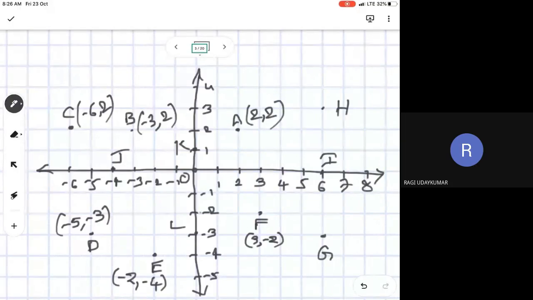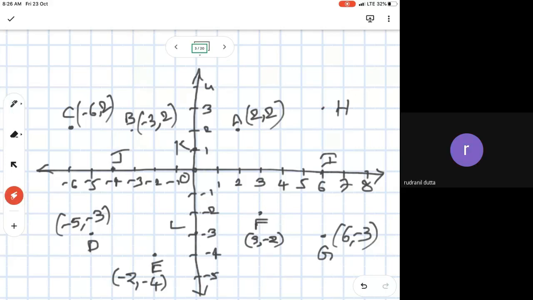Okay, anyone? 6, -3. Very good. Okay, what is H? H इधर है. What are the coordinates of H? 6, 6, very good.